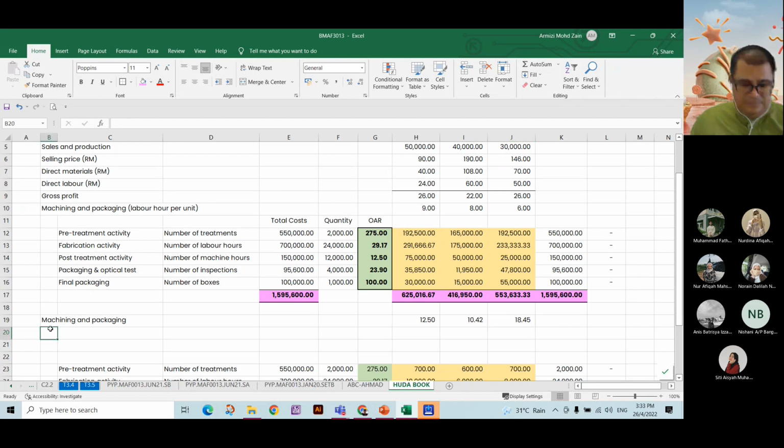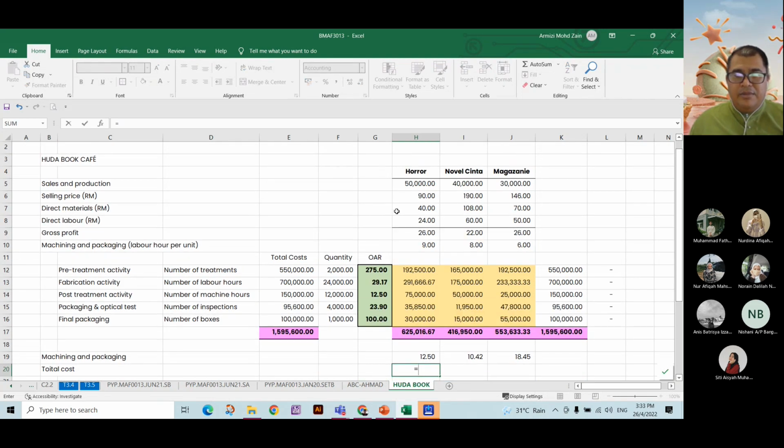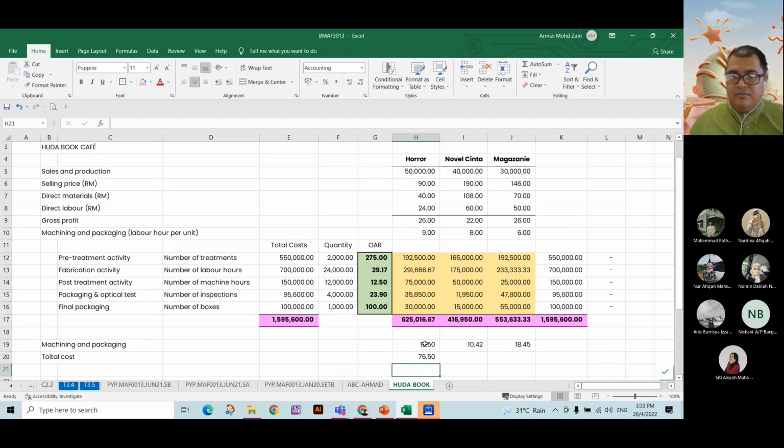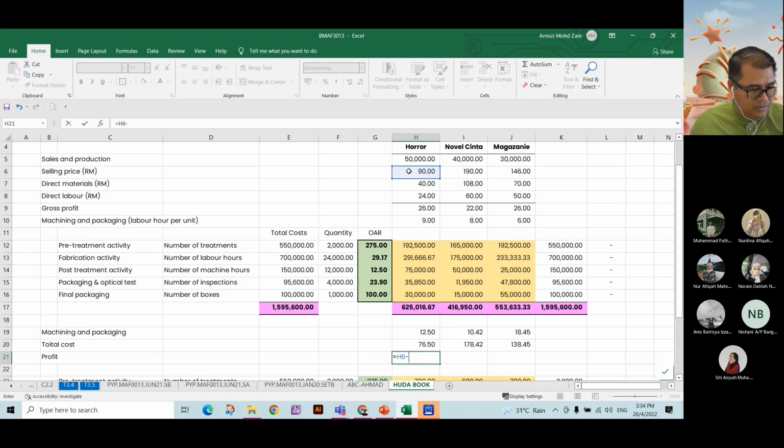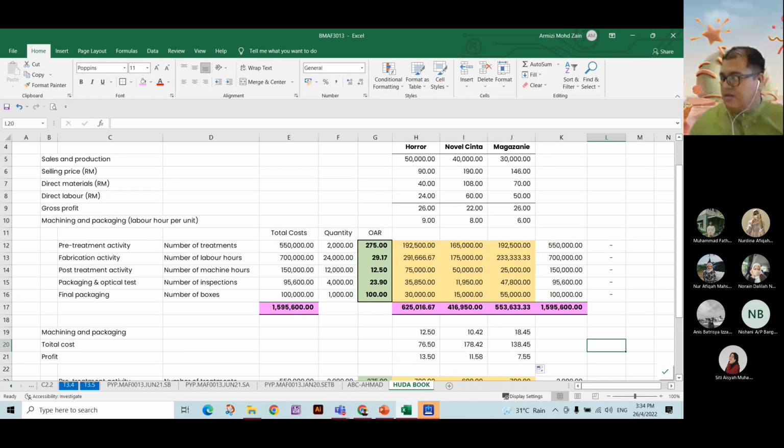So total cost dia direct material tambah direct labor tambah machining. So 76. Dia punya profit dia selling price tolak 76. Okay.